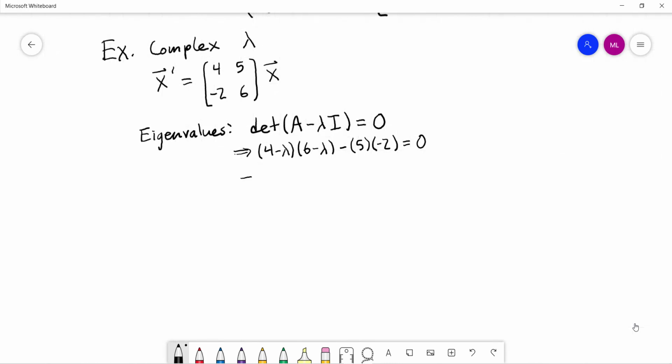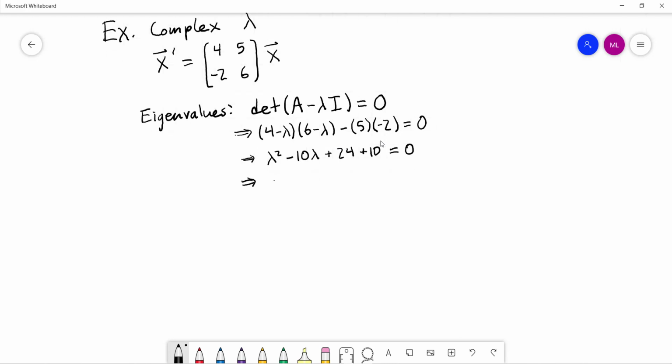And so from that, we're going to get lambda squared. I will get a minus 6 lambda and a minus 4 lambda for a total of minus 10 lambda. And then over here, we're going to get, let me not forget this term, plus 24. So I'll get a plus 24 from there. And then lastly, an additional plus 10 from these two guys here. And that's equal to 0.